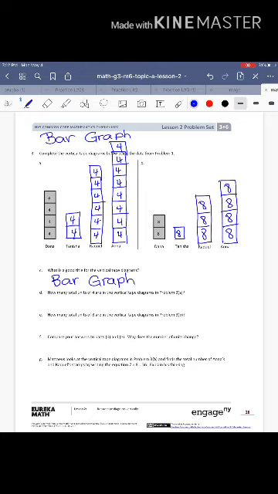Okay, let's continue. Letter D. How many total units of 4 are in the vertical tape diagrams in problem 3A? Let's count how many we have. We have 4 here, and we have 2, and here we have 1, 2, 3, 4, 5, 6, and we have 1, 2, 3, 4, 5, 6, 7, 8, then we have to add it all together. 4 plus 2 plus 6 plus 8.